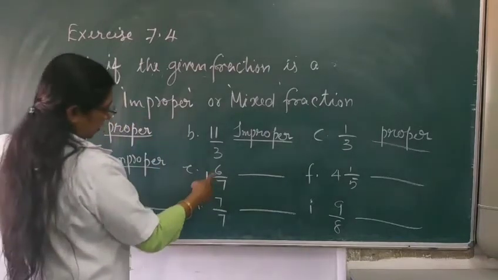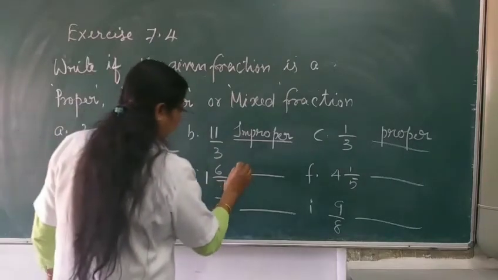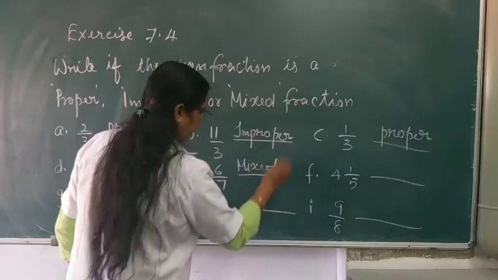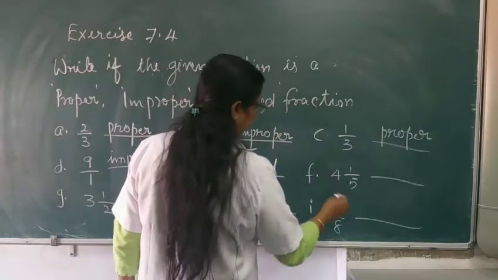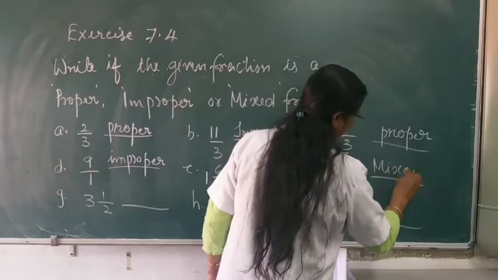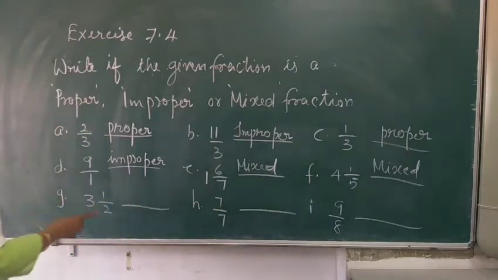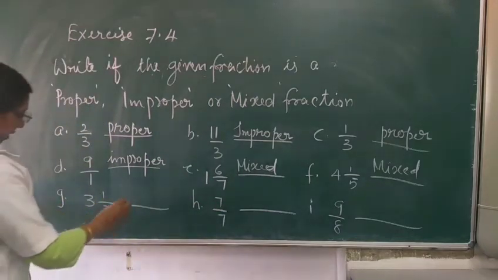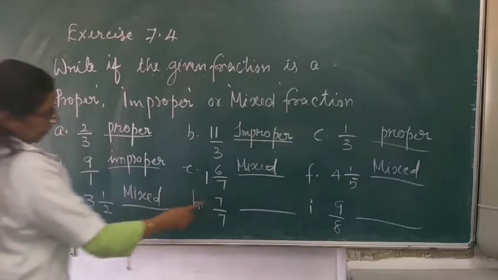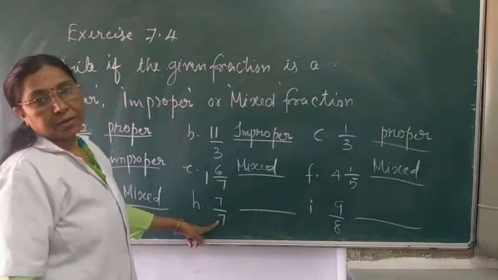Here 1, 6 by 3, it is the combination of a whole number and a proper fraction, so it is a mixed fraction. Again, it is a mixed fraction. 3, 1 by 2, again a mixed fraction. 7 by 7 means both numerator and denominator are equal.